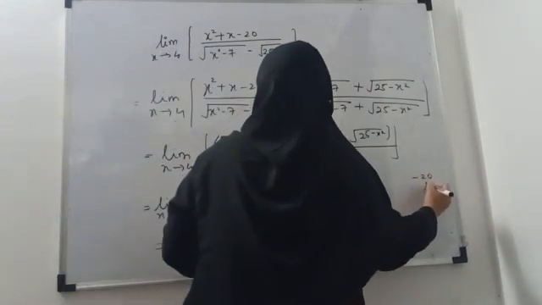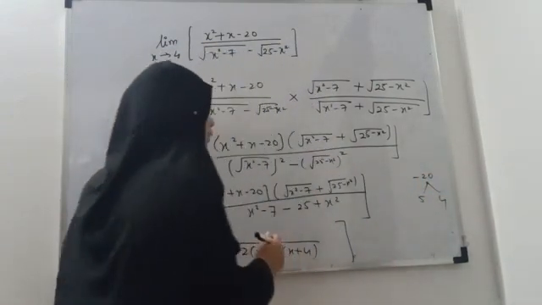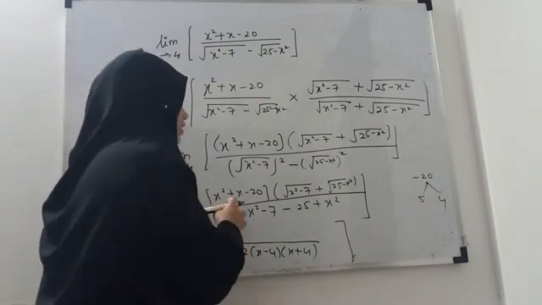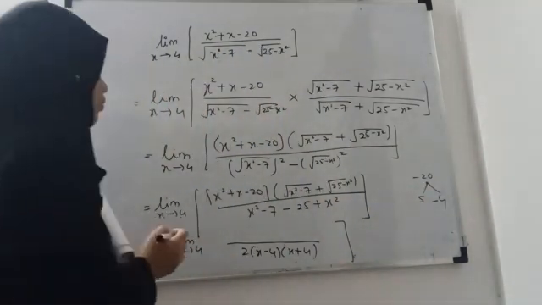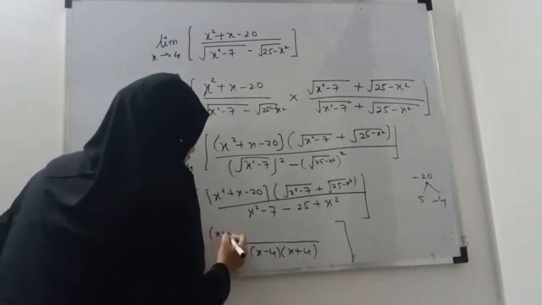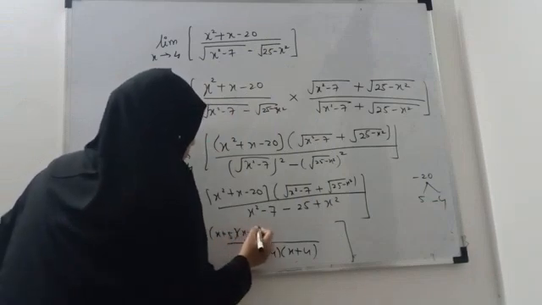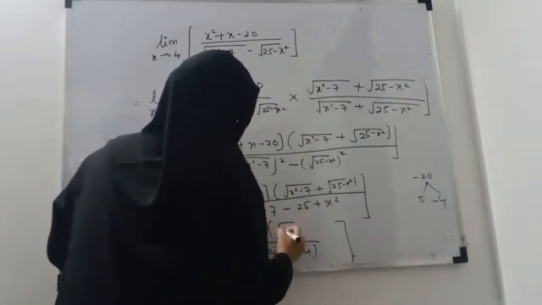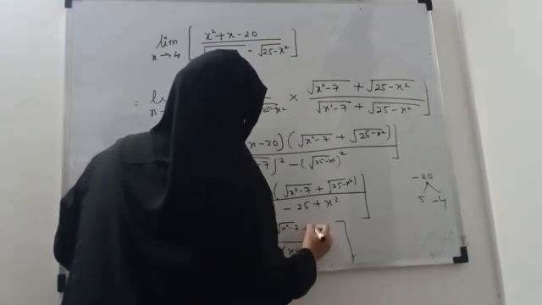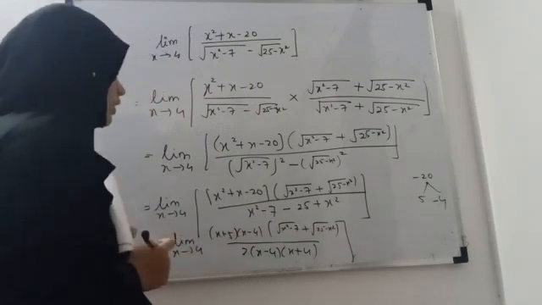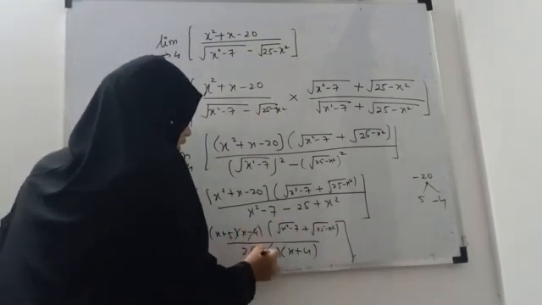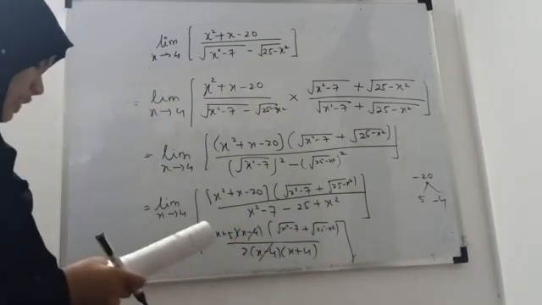Minus 20: 5 fours are 20, but we need a plus sign here and a minus sign here. So x plus 5, x minus 4. This term as it is. Now here x minus 4 and x minus 4 will get cancelled.